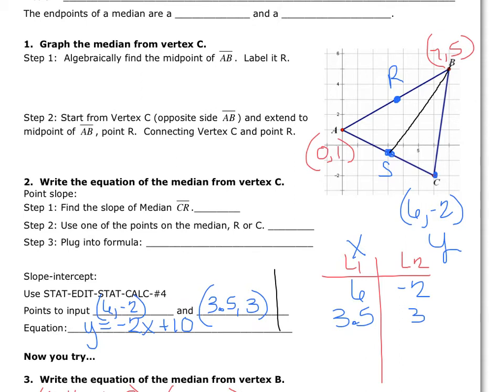Now we just need to count the slope from our midpoint to B. So we're going to count slope here. We're going up a little half right there, and then 1, 2, 3, 4, 5.